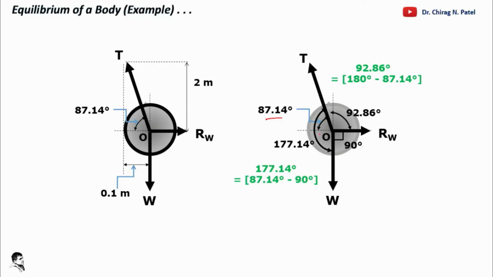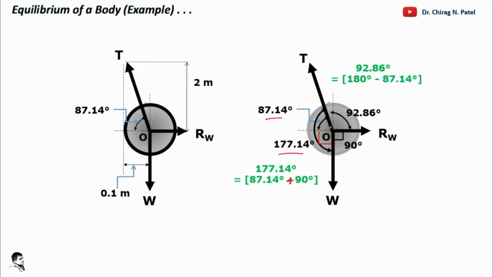After resolution of that angle we have a complete figure like this. From that angle you can resolve another angle. This angle is 90, so you can find the complete angle, that is 90 plus 87.14, that is 177.14. Here you make a plus sign, not minus.